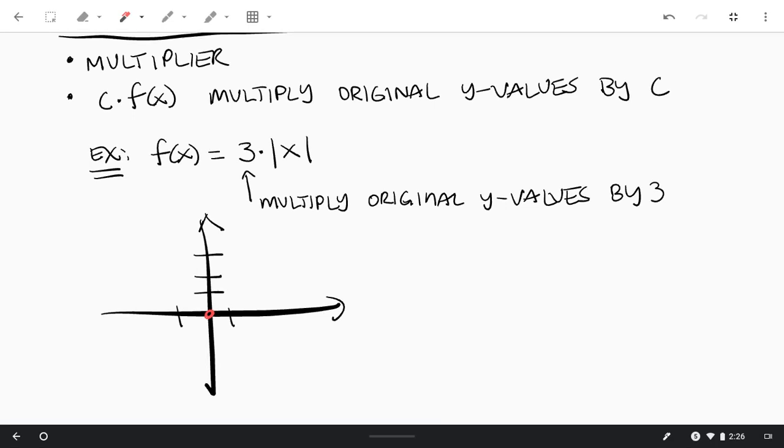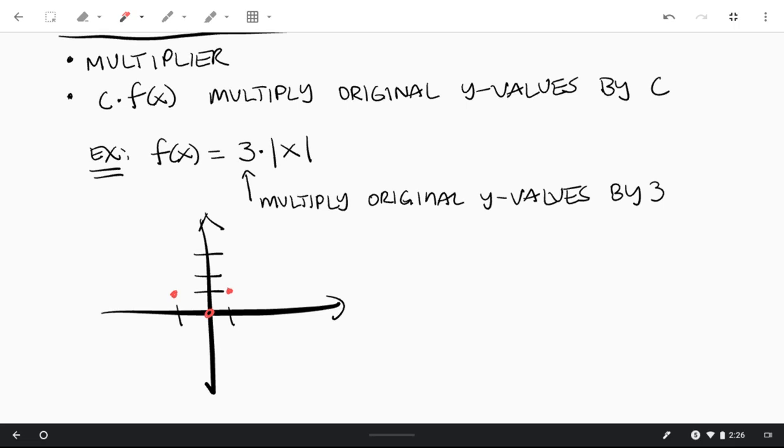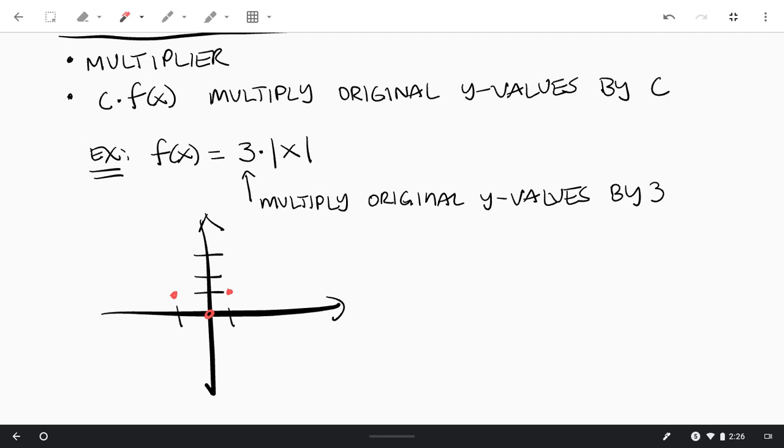I'm actually going to skip the part of doing the dashed V, just so that it doesn't get so messy. Well, you know what? Let me do it anyway. That way you can see how it shrinks or stretches.